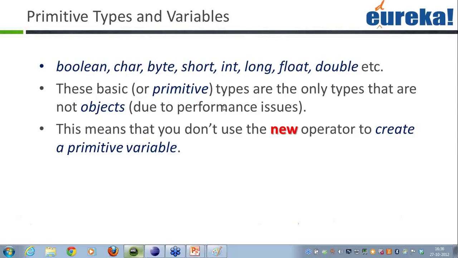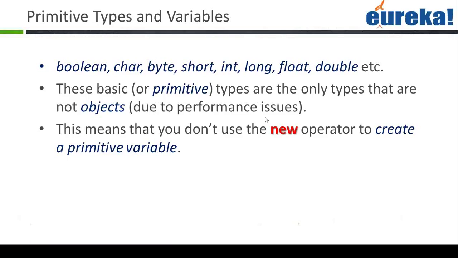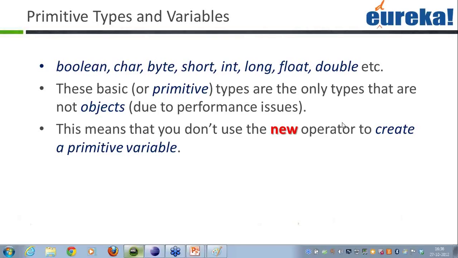So these primitive data types have been kept as something which cannot be instantiated, which cannot be called objects. I hope everybody understands what I tried to do with the new operator here.